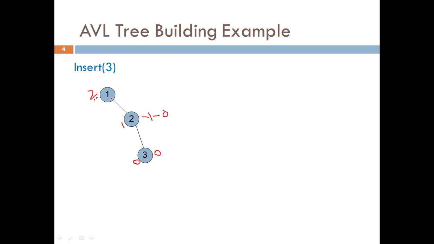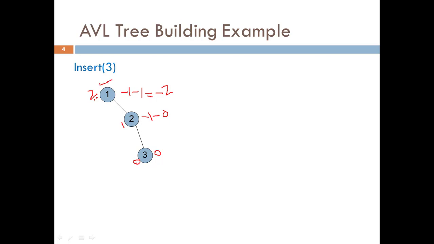For this node, the height of the left subtree is minus 1, minus the height of the right subtree. The height of the right subtree for 1 is 1, so this is equal to minus 2. So this is the node where a balance factor change has been identified.